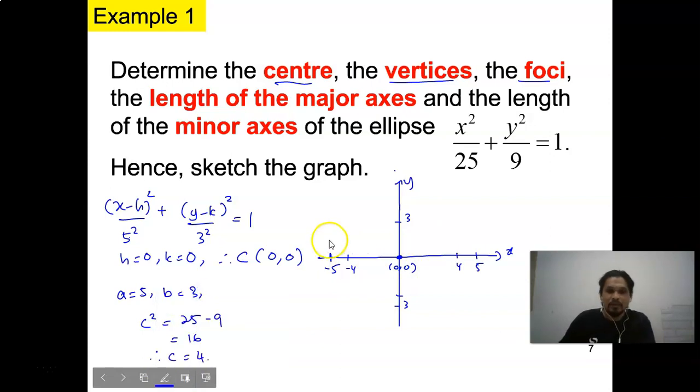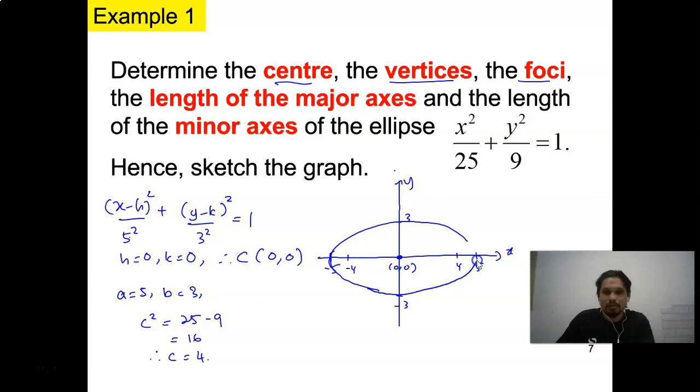Okay, class, it's time for us to sketch this picture now. It might not be very nice because I'm sketching it freehand. Something like this. This is V1, V2, V3, and here is V4, this is F1, and this is F2.